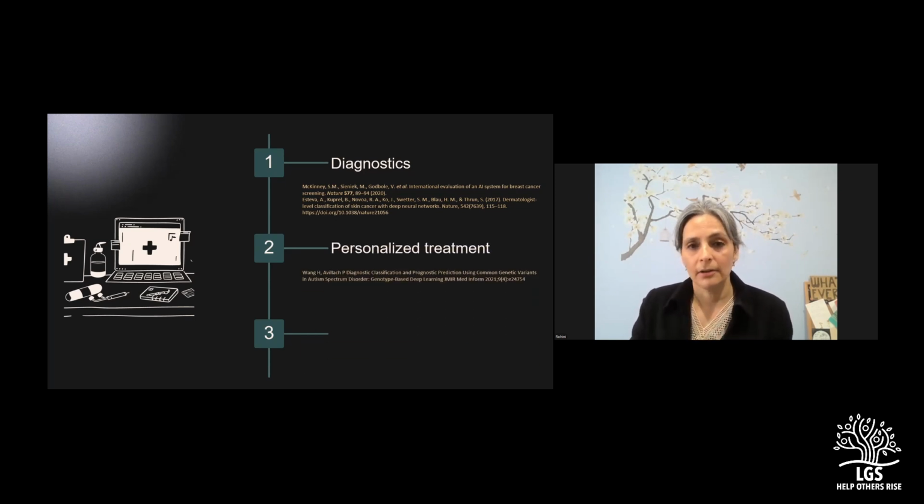The second part of the use of AI in the medical aspect is personalized medicine. AI's potential to personalize treatment plans is transformative, learning from a patient's progress and adapting in real time. This study by Wang looked at autism screening.